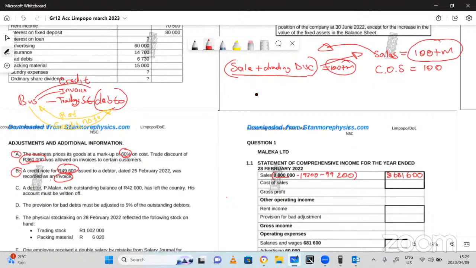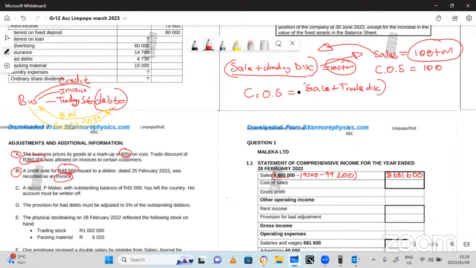Okay, what I mean is, when we are looking for the cost of sales, our formula is: we take our sales, because now we have a trade discount in this context, and add our trade discount.